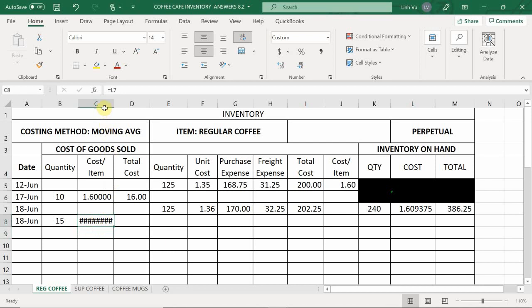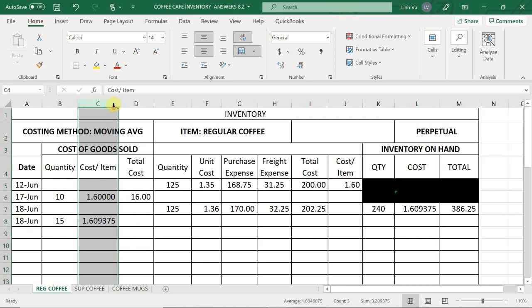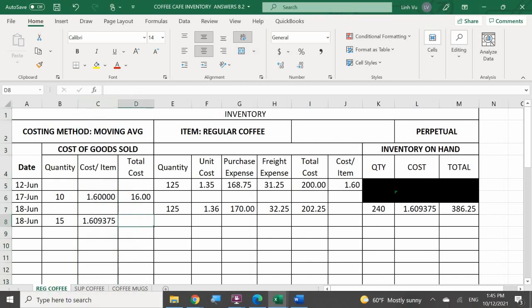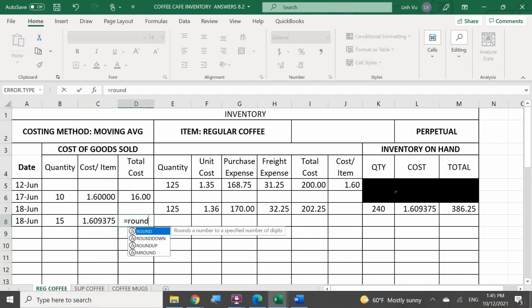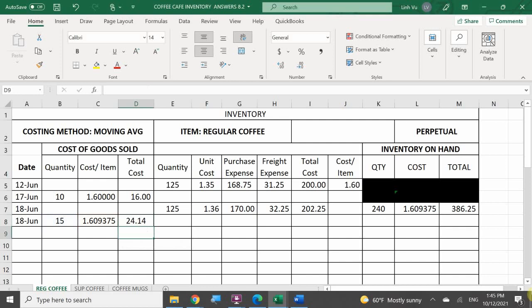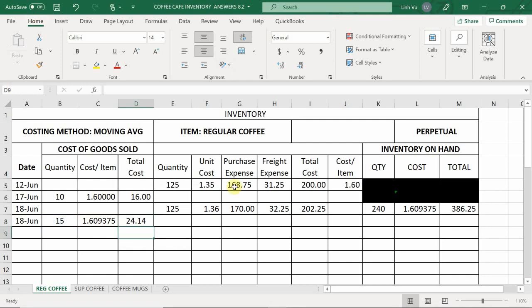So it is $24.140.6025. Too many. Okay, so in this case, I'm going to equal round, comma, 2, 24.14. Yes. $24.14.